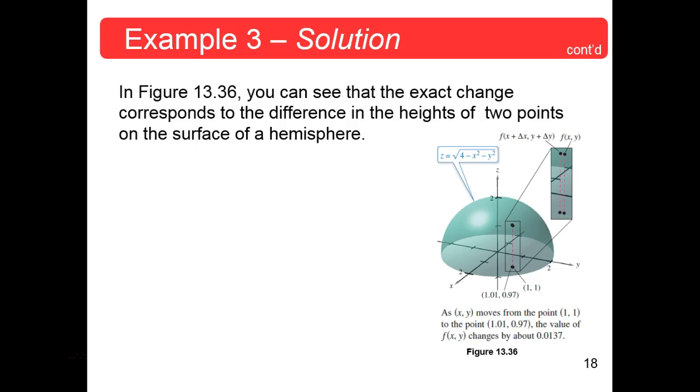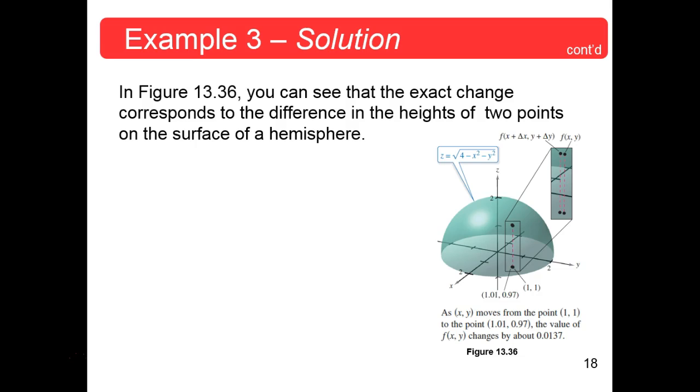So they blew it up here, and this was your first point, x, y. There's f of x, y. Here's the second point, x plus 0.01, which you came a little bit this way, but you went back 0.03, and then there's your f of x plus delta x, y plus delta y, the actual one there.